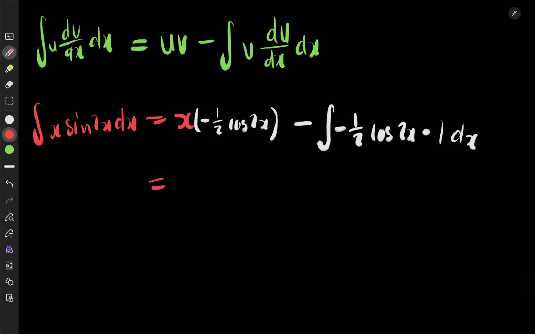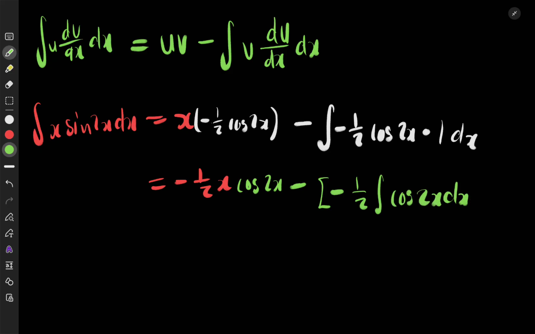What am I going to get? This is going to be equal to negative half x cos 2x, because negative half times x is negative half x. Then minus, what happens now when we are integrating this? 1 times this half just remains as half. So it is minus, the negative half can come outside, the integral of cos 2x times 1, which is just cos 2x, with respect to x.